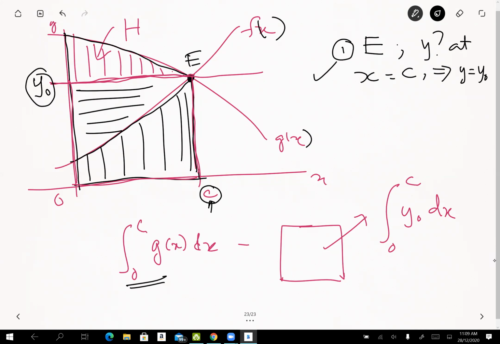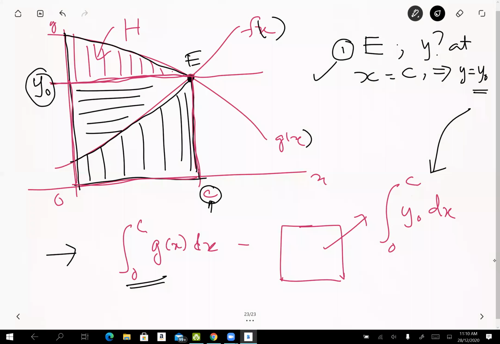Once you get that Y0, you need the area under Y0 from 0 to C. And we already have the area under G. So area H is the difference between the area under G of X from 0 to C and the area under Y0 from 0 to C.